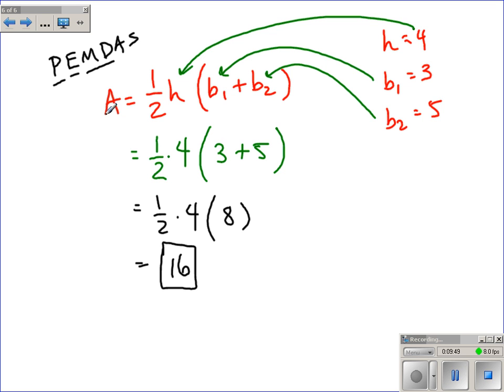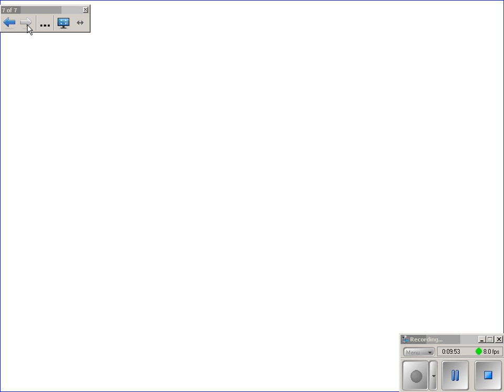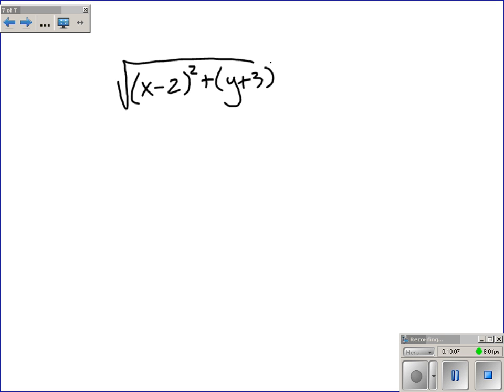One last problem is pretty complicated, probably one of the most difficult formulas that we'll use this year, which is the distance formula. This is just with some numbers already plugged into it instead of giving you the true distance formula. I'll start with x.